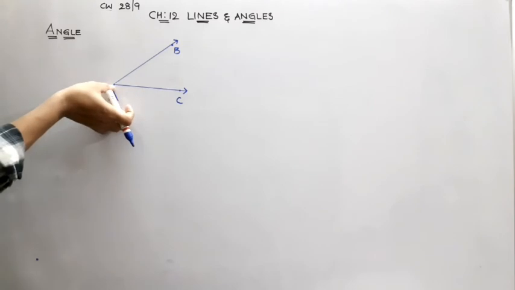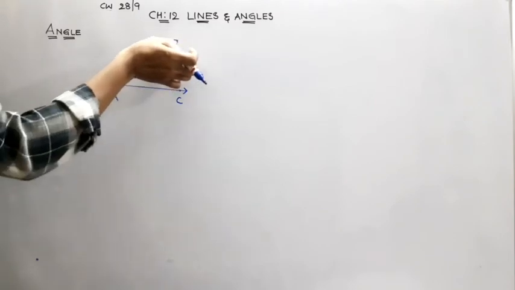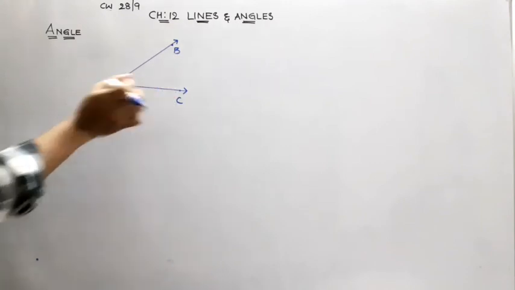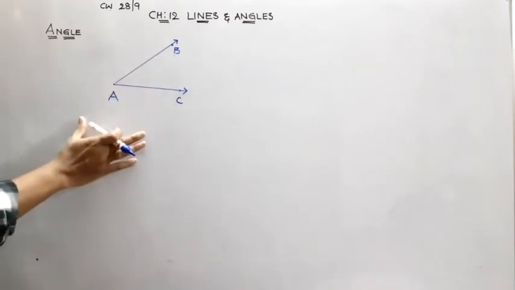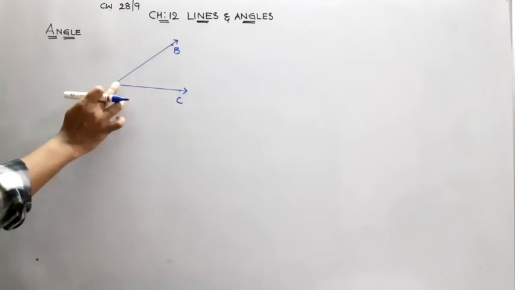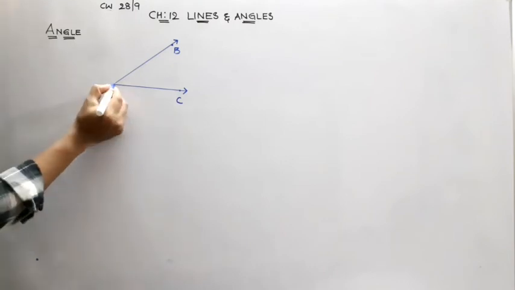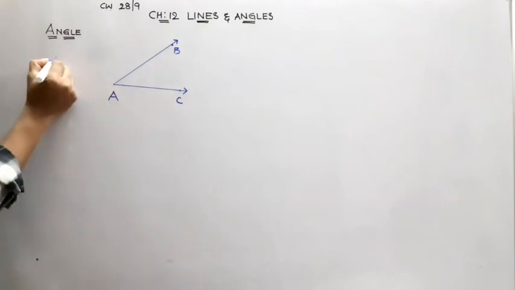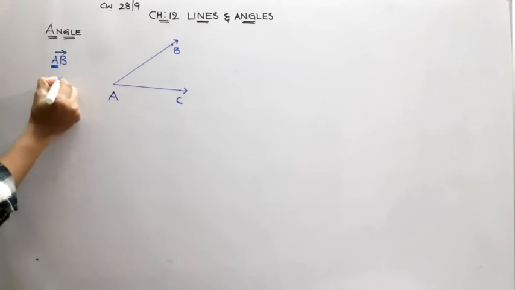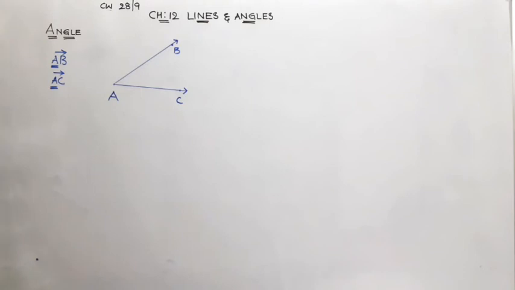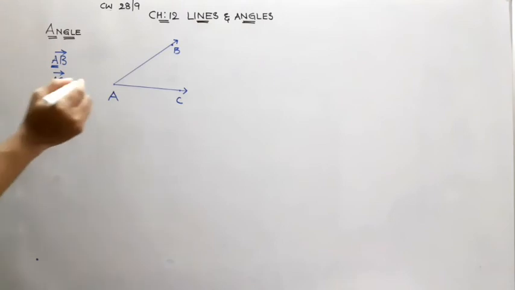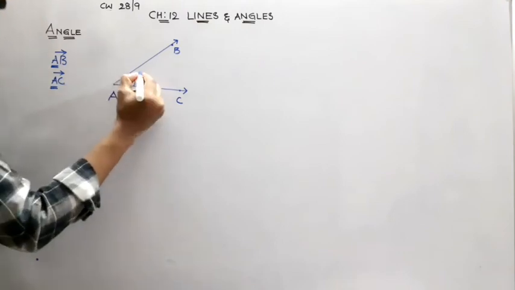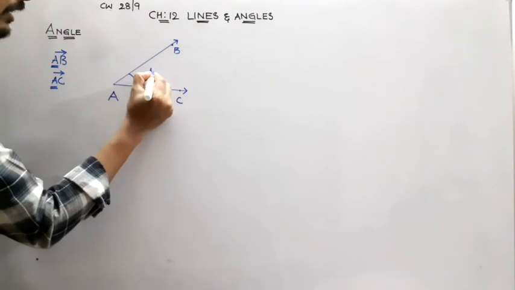Now if you observe, this figure is made up of two rays, namely AB and AC. And these rays have one thing in common, that is the same initial point. Even for ray AB, A is common. And even for ray AC, A is common. So, this figure indicates an angle. And we will show the angle like this. So, this one we call an angle.